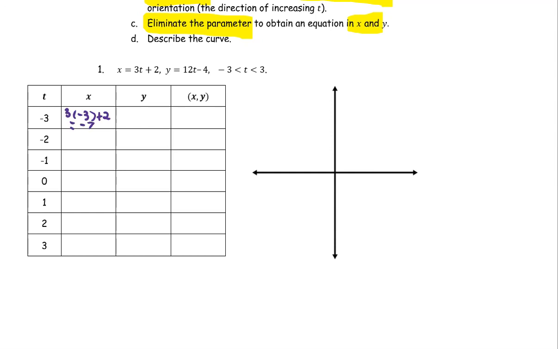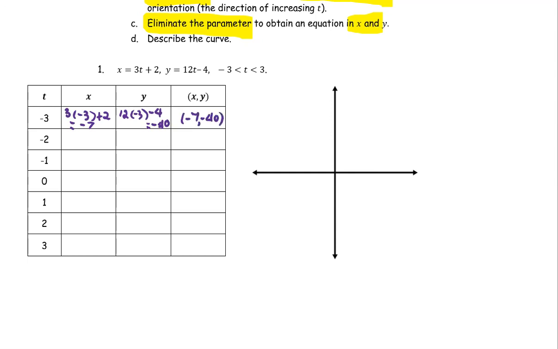Similarly, y is obtained by computing 12 multiplied by negative 3 minus 4 to get negative 40. So we get the ordered pair (x, y) as (negative 7, negative 40).